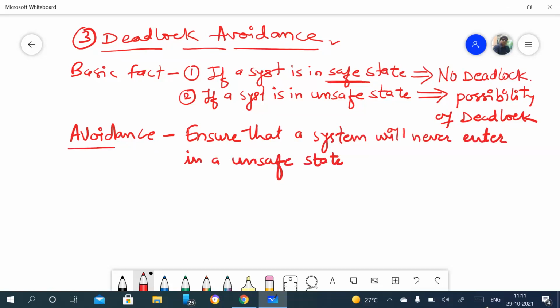Then we can avoid the deadlock, right? So here, if you see, there are some algorithms. We'll see these algorithms. Using these algorithms, we can avoid this situation.